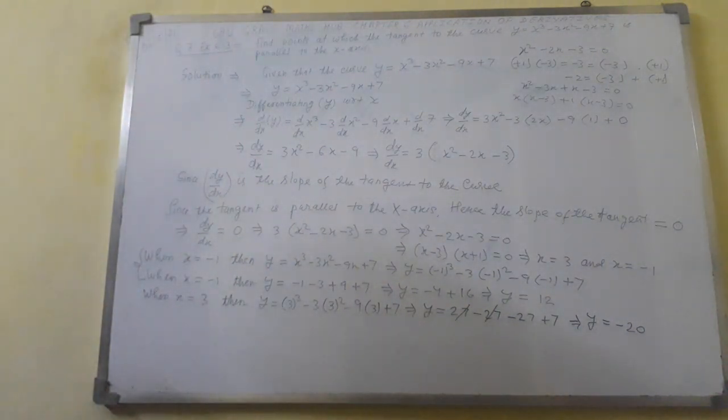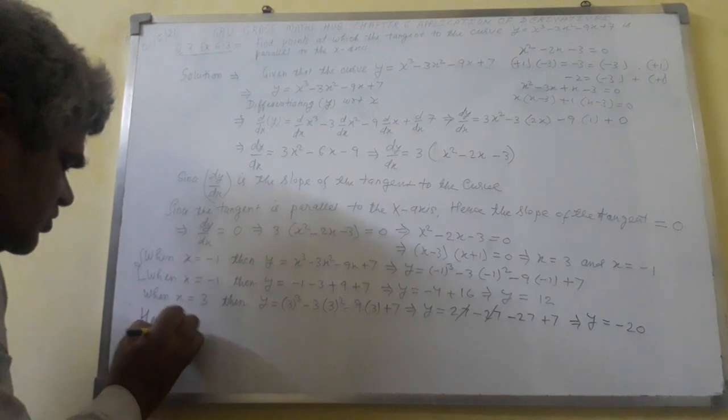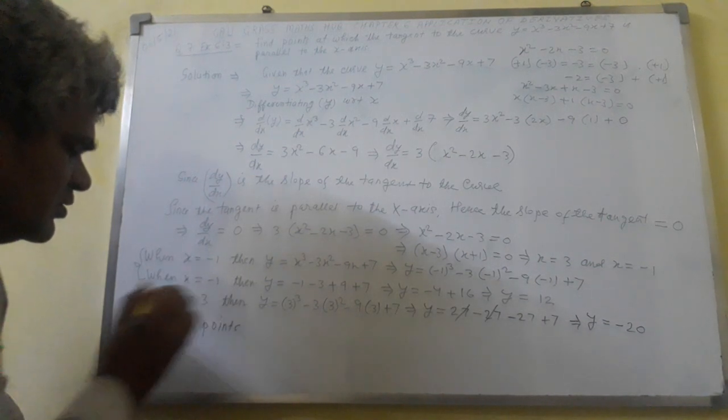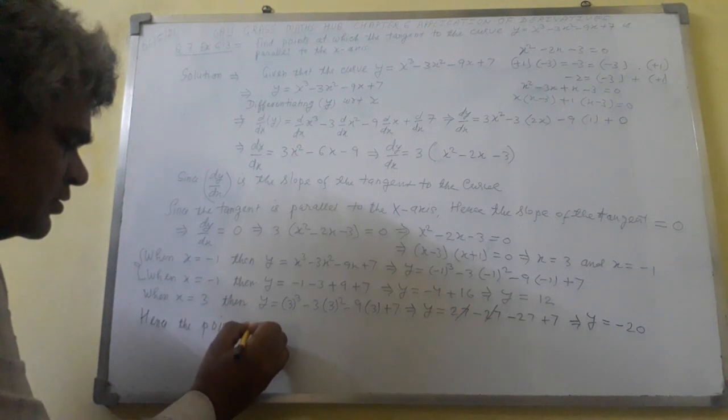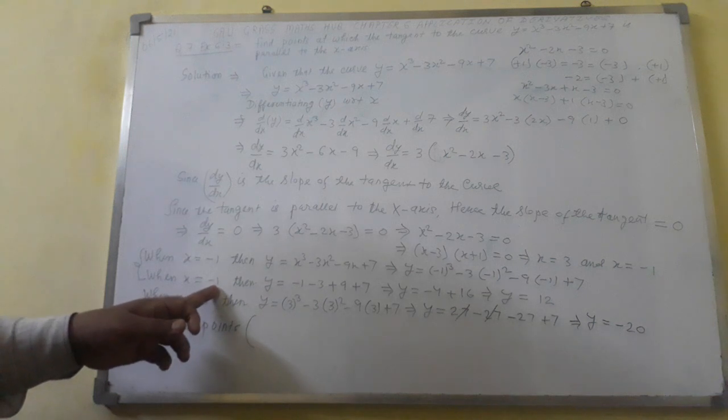Hence, just conjugate the points: abscissa as well as ordinate together make coordinate. The point will be, hence the points, here x is equal to minus 1 will become abscissa.